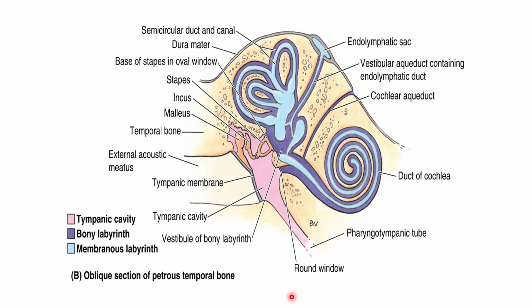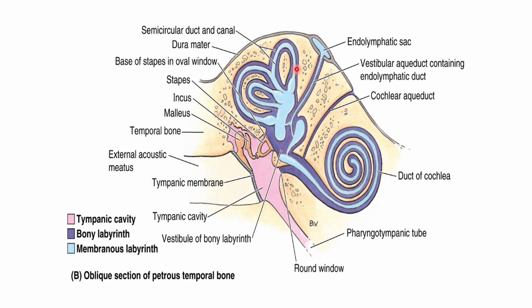Same structure similarly. You can just see that this is the middle ear cavity, the tympanic cavity, and then this dark blue structure is actually the bony labyrinth, and the light blue structure is the membranous labyrinth, which is housed in the bony labyrinth.